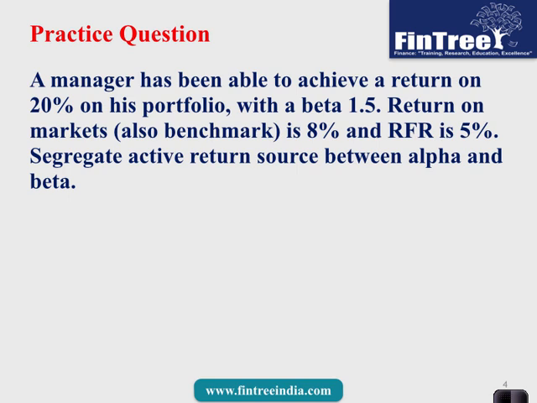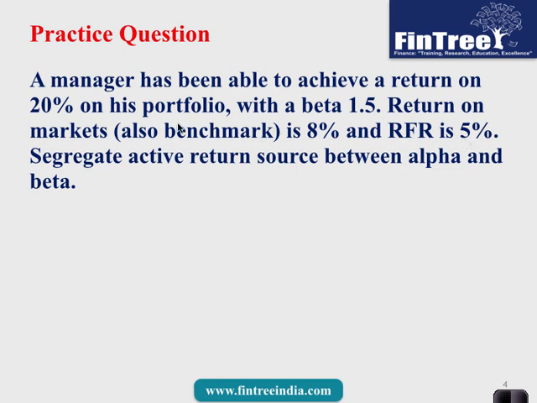So a simple practice question. A manager has been able to achieve a return of 20% on his portfolio with a beta of 1.5. Return on markets, which are also the benchmark, is 8%, RFR is 5%. Segregate active return source between alpha and beta.